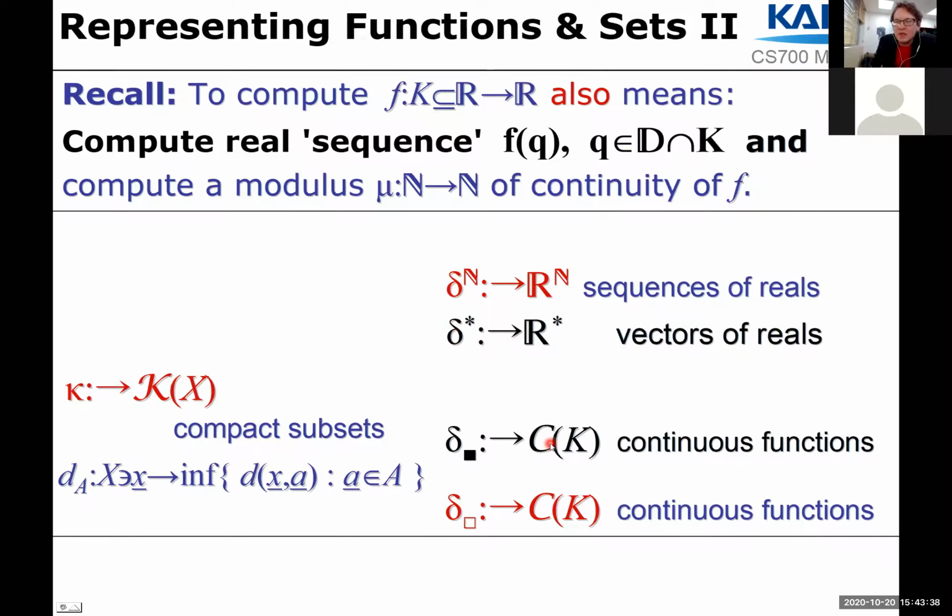So that now we have another representation of the space of continuous functions. And non-uniformly, we have proven that a continuous function is computable in this sense if and only if it is computable in this sense.